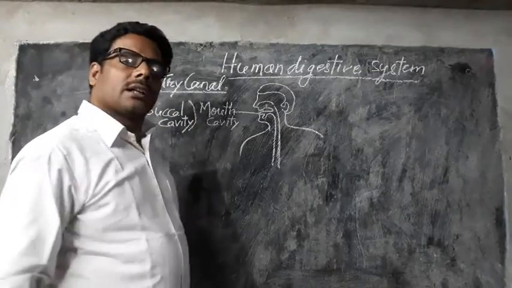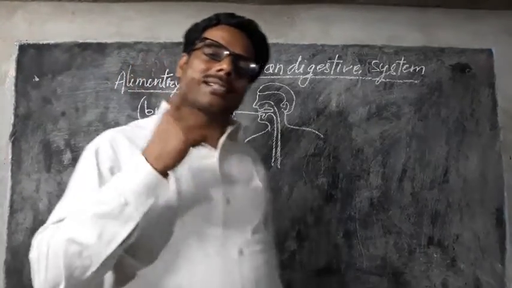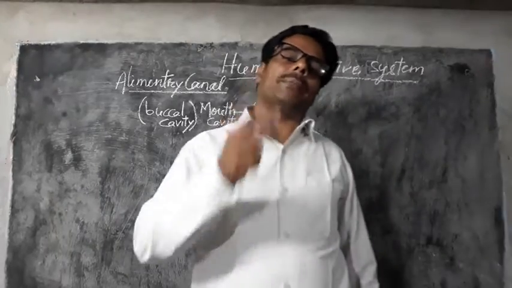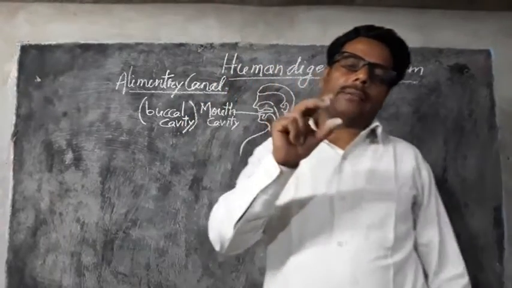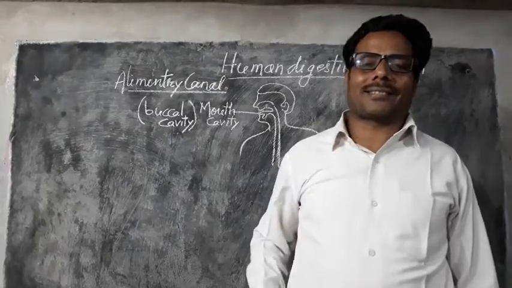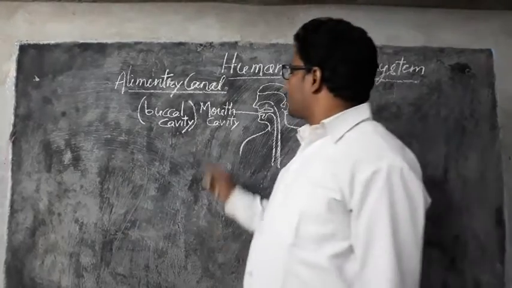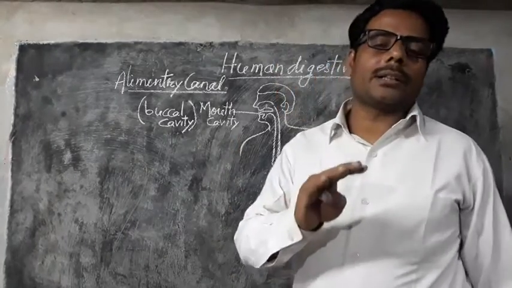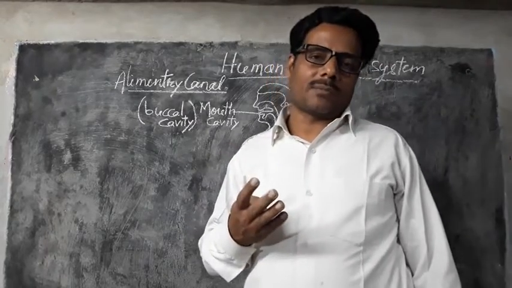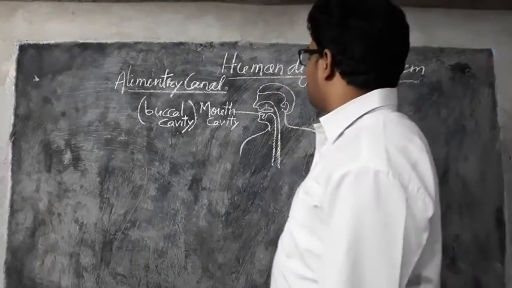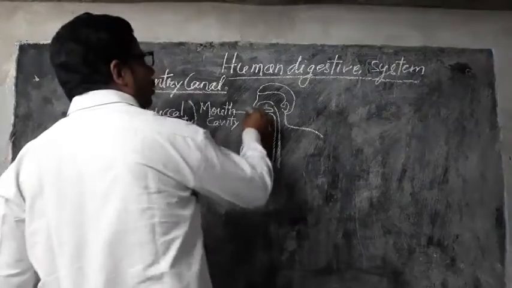Thereafter, first let us understand about the structure of the mouth. Mouth is a cavity. Cavity means hollow space. This hollow space has some other structures, like teeth present in our mouth.